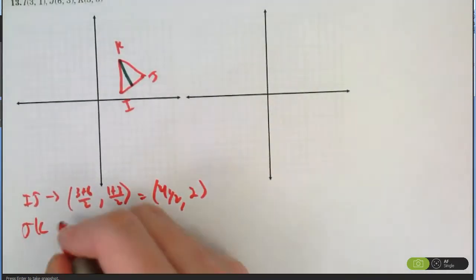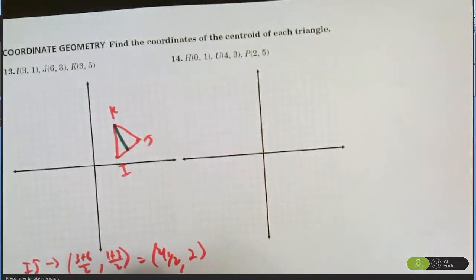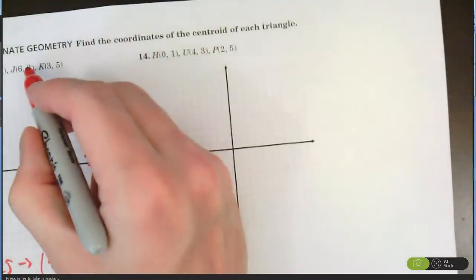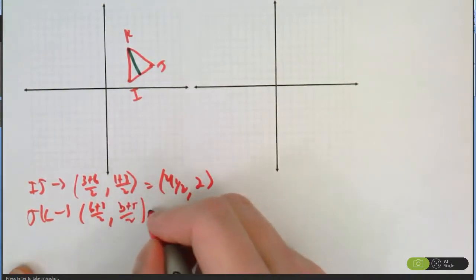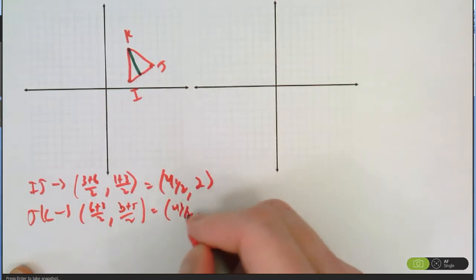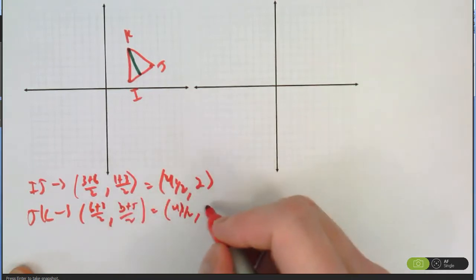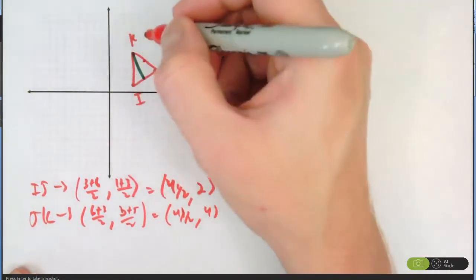Okay. Now, the next one is JK. So JK's midpoint is 6 plus 3 over 2, and then 3 plus 5 over 2. Which is 9 over 2, which is again 4.5. And then 3 plus 5 is 8. 8 over 2 is 4. So over 4.5, up 4, which puts us right there.